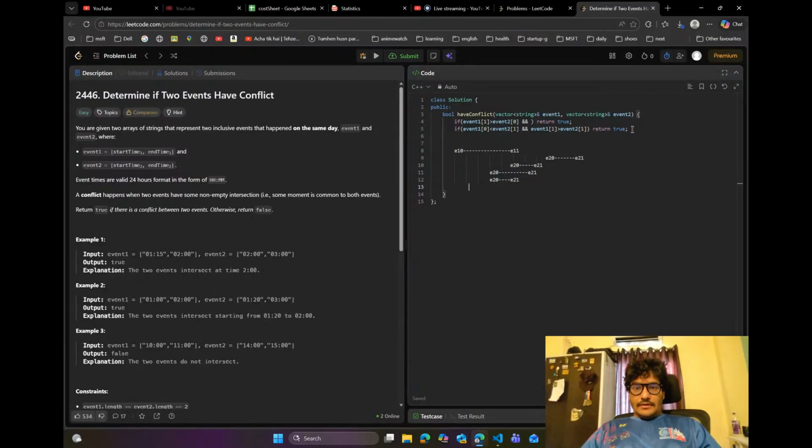Or event 2 can be here, same length as event 1, or it can be here, or it can be before, or it can be here as well, or it can be completely before.